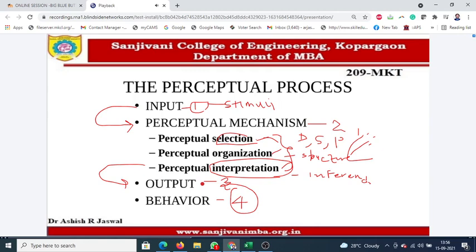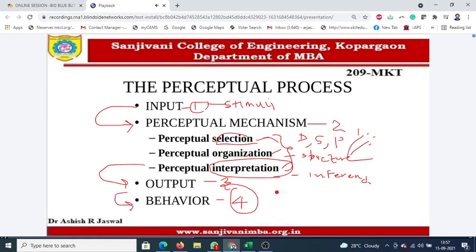The output towards a stimuli assumes various forms, that is emotion, moods, feeling, opinion, attitude, and belief. And the last component of discussion is behavior.